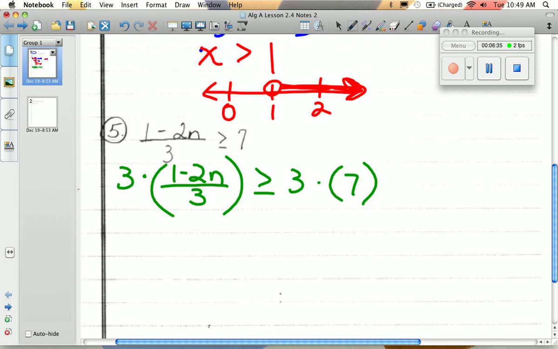What happens on the left side again? The 3s cancel each other out. So we have what left? 1 minus 2n. 3 times 7? 21.